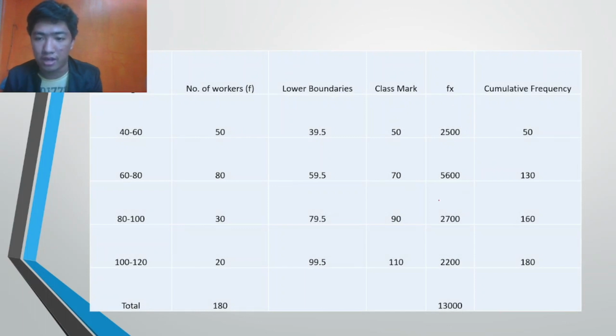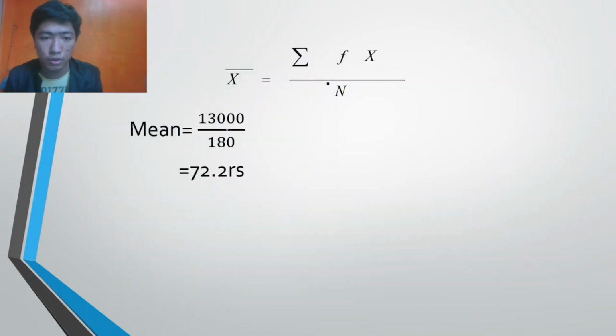We all know how to calculate this. We just get these values right here, and we find our total. This is 180 and 130 for the midpoint. In order to find the mean again, we just have to plug in both sums and divide. So we have our mean of 52.2 in Rs.